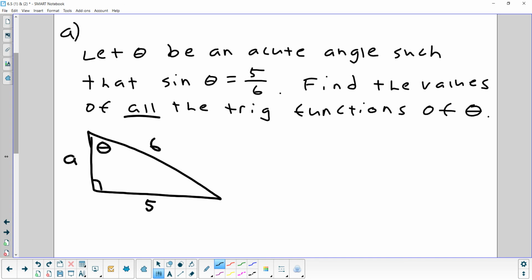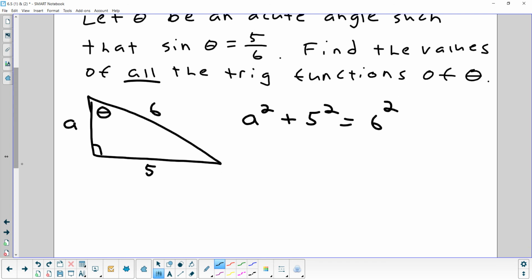And Madison, could you set up the Pythagorean theorem for me using this diagram? A squared plus 5 squared equals 6 squared. Okay. And Caleb, can you give me the first step to work that out? Simplify by squaring both 5 and 6. All right, and what do you get when you square 5? 25.